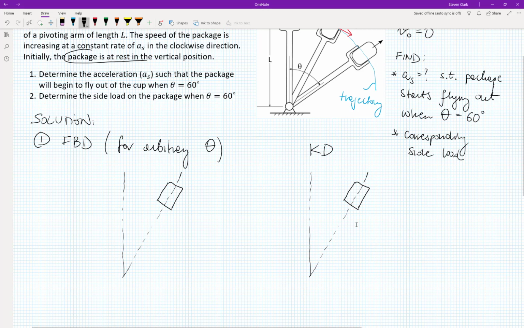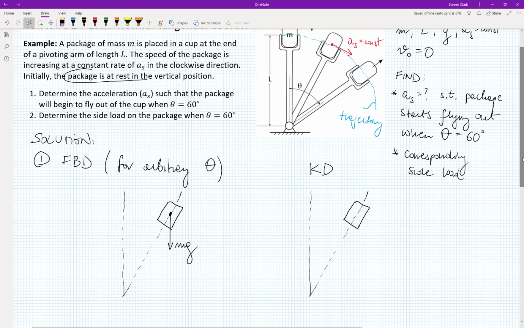Okay, we are ready to draw our forces. And as usual, I am going to go for the easy ones. So there is for sure mg. Are there any other forces acting on our system? What do you think? Oh, yeah, James?